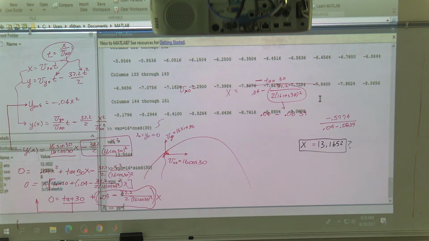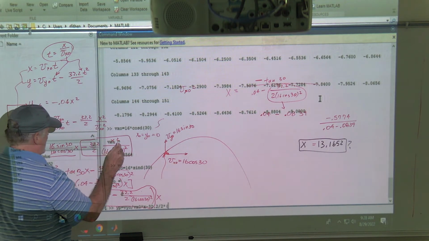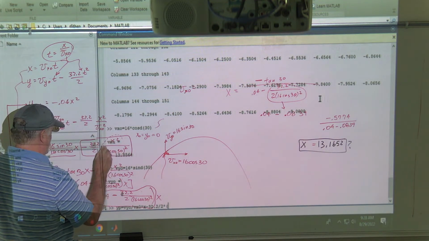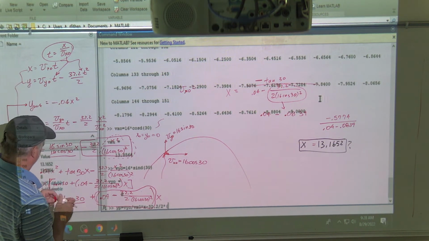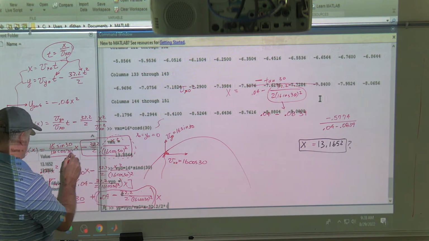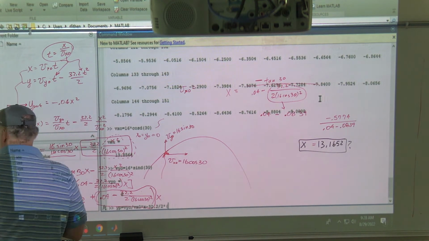So this time you've got Vy naught divided by Vx naught times x, minus 32.2 divided by 2 times, and I've got to put this in brackets. I did put in tangent, didn't I?